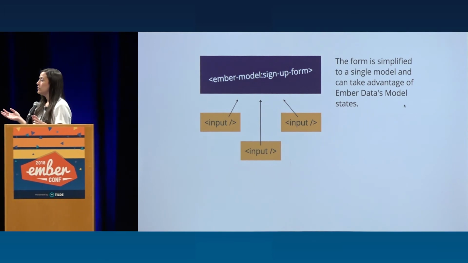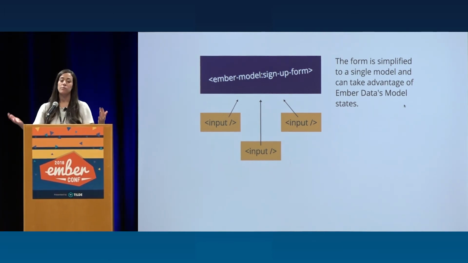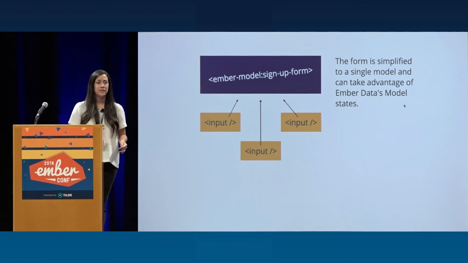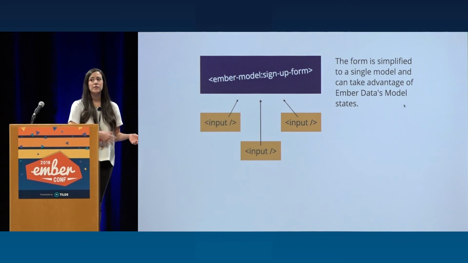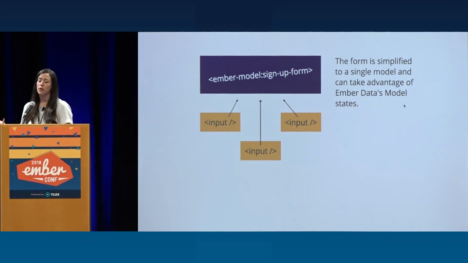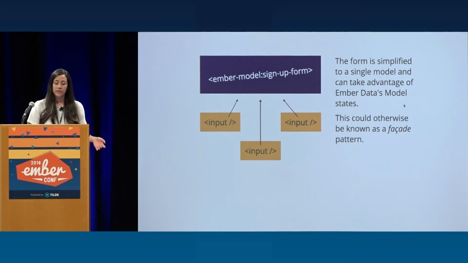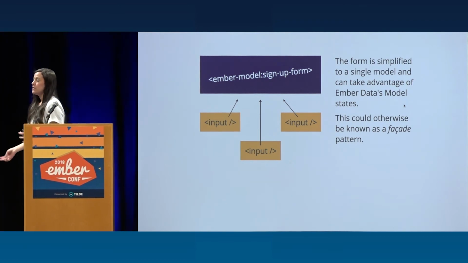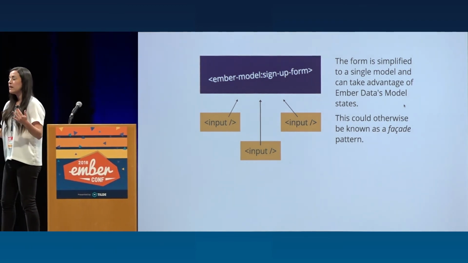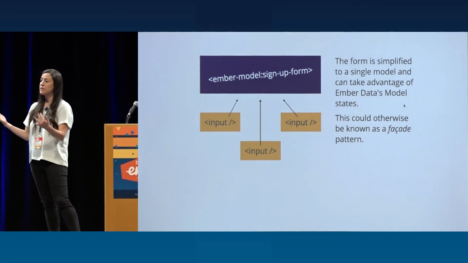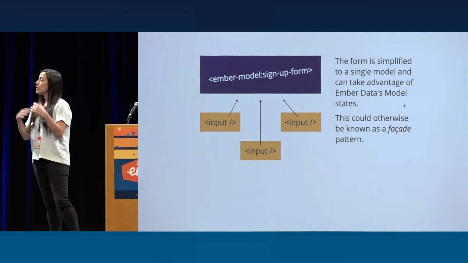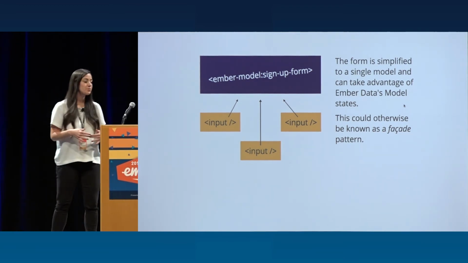This might get a little hairy, but if we have this model layer, we're able to take advantage of Ember Data's model state. It's easily available in Ember Inspector, and we can remove it and do everything that we need. This design pattern is otherwise known as a facade. It's basically taking a couple layers of complexity and simplifying them for us to use.